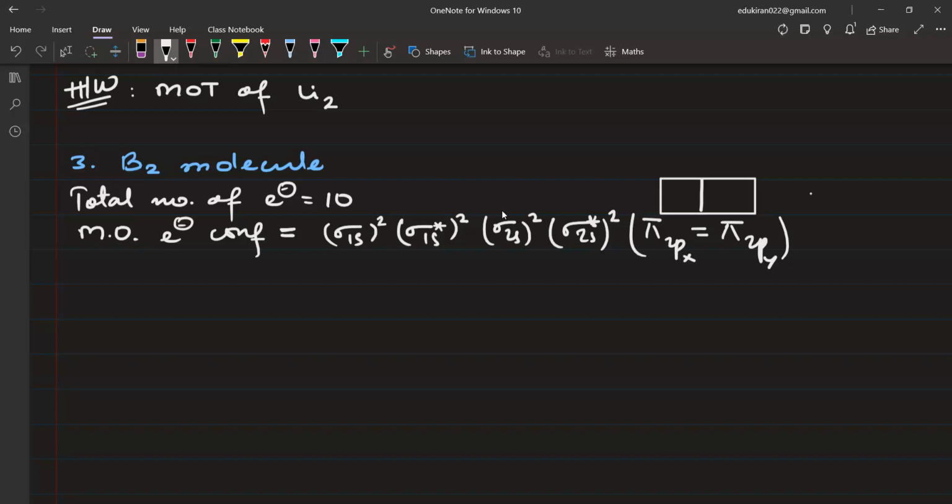See, 2 2 2 2, 8 electrons are filled, we have to fill 2 more, so the 2 more electrons will go like this, right? So you will be having pi 2px1 and pi 2py1, got this?